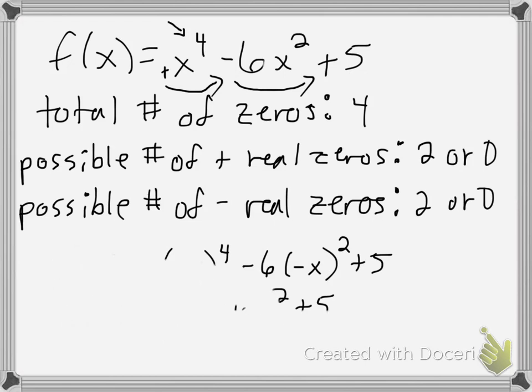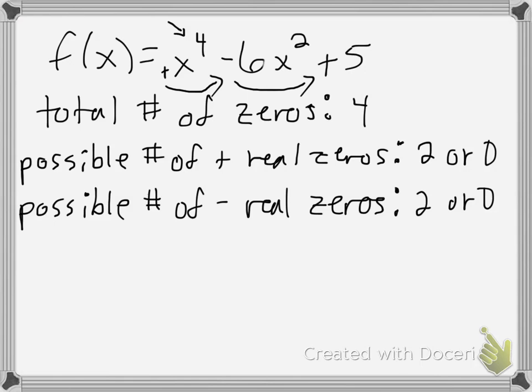Now I had some people asking about that or 0 part. Whatever number we get for the possible number of positive or negative real zeros, we just start subtracting 2 from that number until we get to 0 or to 1. Once I get to 1, I can't go down 2 because I can't have a negative number of real zeros.